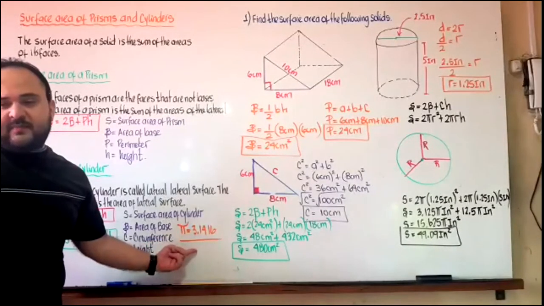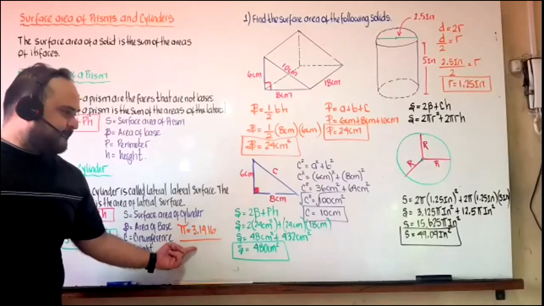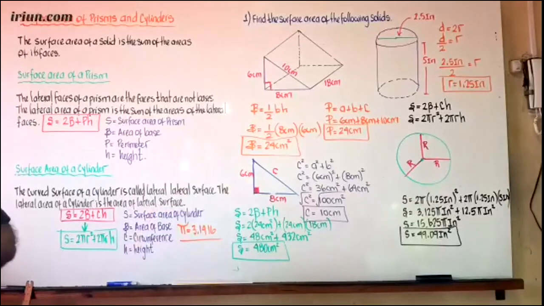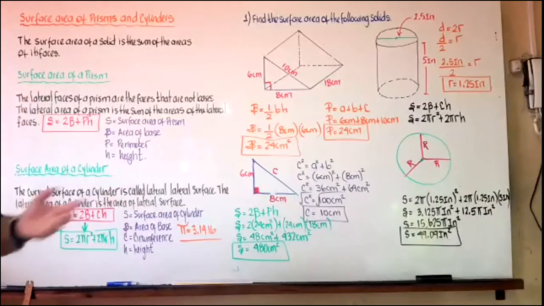Can you see the value of pi over here, Josue? Yes. Well, the only thing we have to do, if you wish, is multiply 15.625 by 3.1416 and you get that answer. It's simple. Or if you wish, you can use the calculator and apply the pi symbol. You're going to get the whole answer.